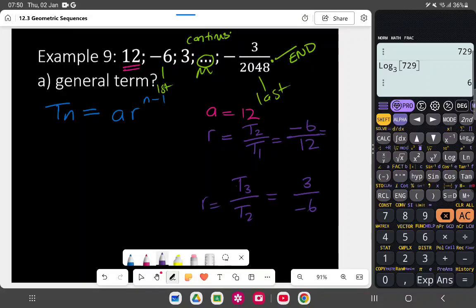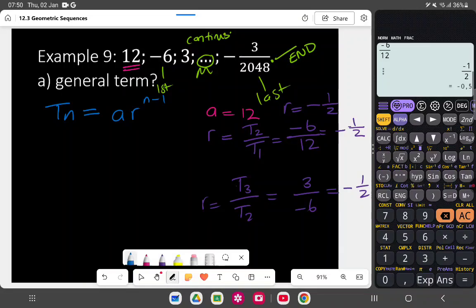What do these give you? You can go to your calculator. There is absolutely no shame in that. Negative 6 over 12 gives us an answer of negative a half, and 3 over negative 6 is also negative a half. So we now know that r equals negative 1 over 2.